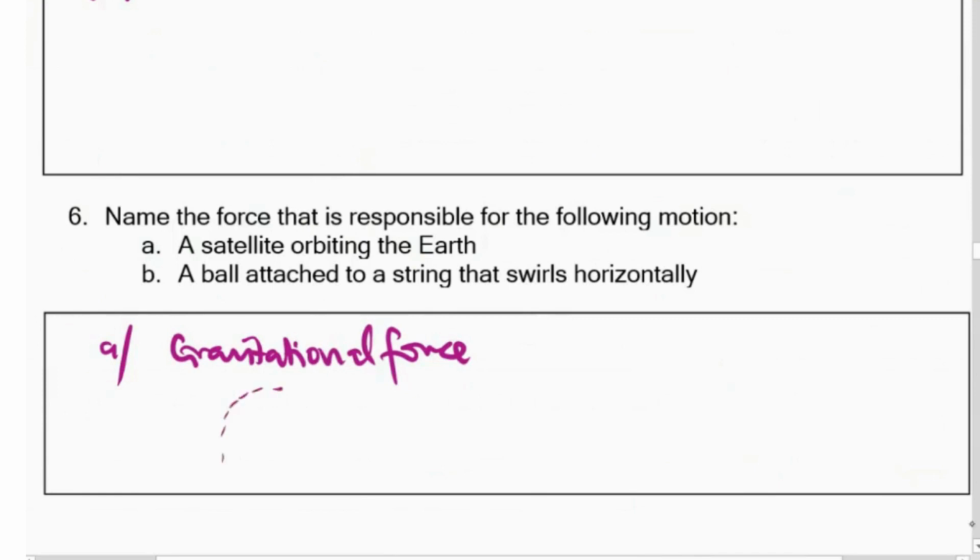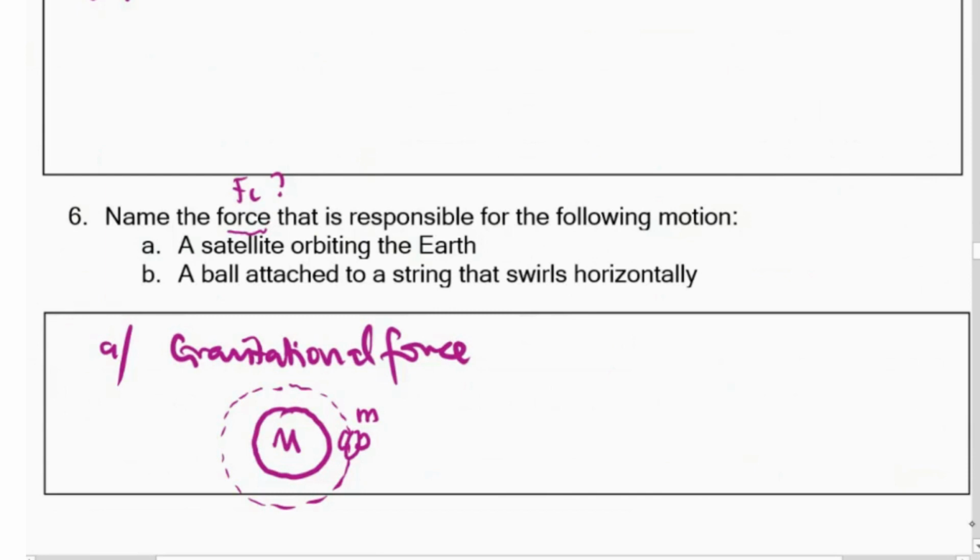This is the orbit of the satellite. So this is the satellite of mass m, and it is going round the Earth. So this is the mass of Earth. The force here is referring to the centripetal force, so you are looking for any forces which are parallel to the AC.